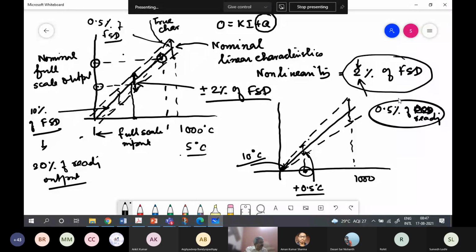So what I can do is, suppose the maximum error I can achieve is, let us say, plus minus 0.5 degrees centigrade. I cannot achieve any more.